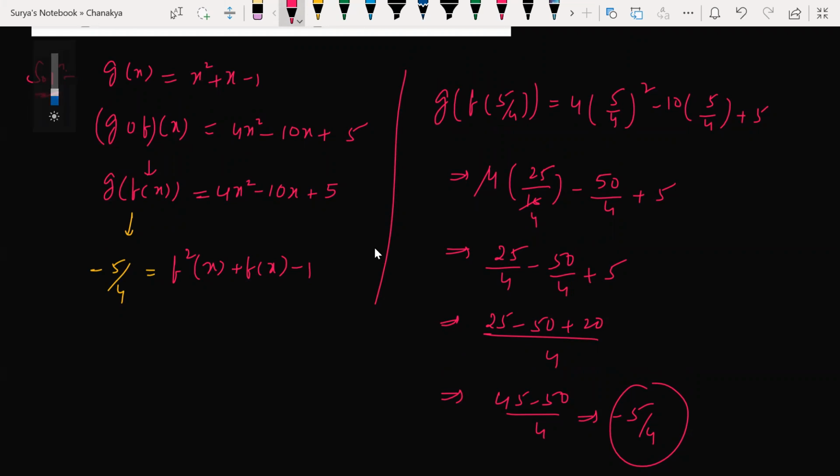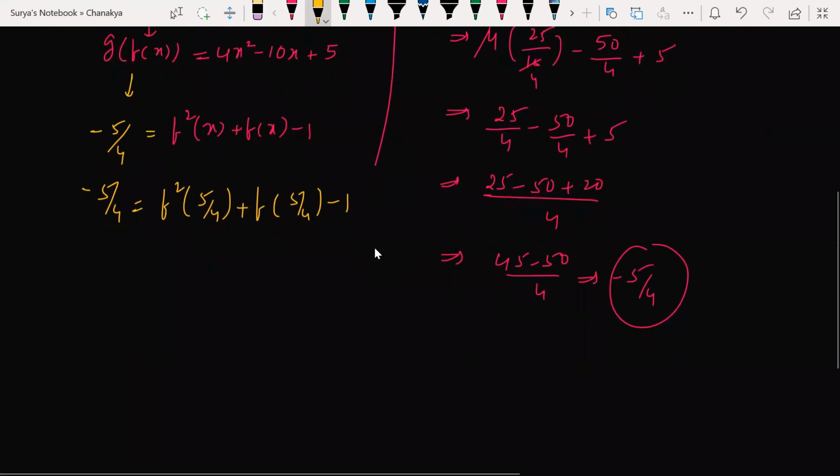Yes. Now minus 5 by 4 you got. So just substitute the value: minus 5 by 4 is equal to f square of 5 by 4 plus f of 5 by 4 minus 1. I mean, x value we are substituting, 5 by 4, that's it.